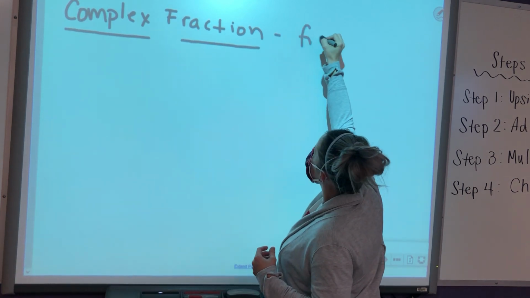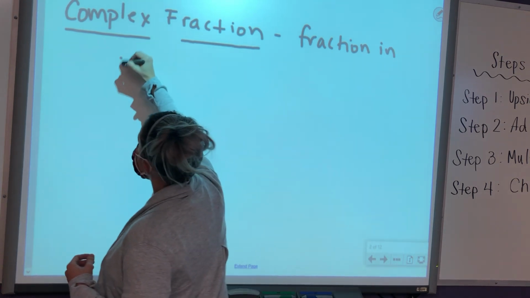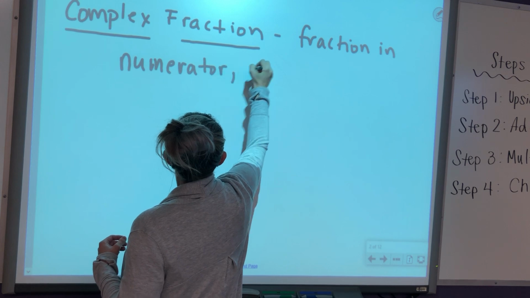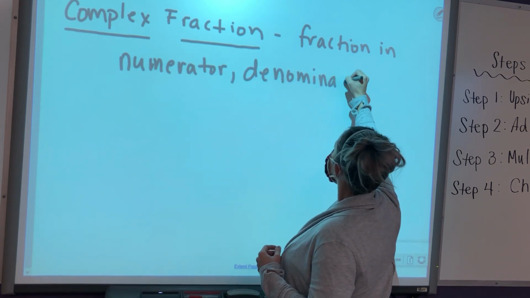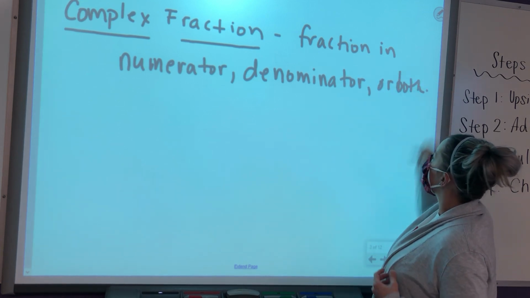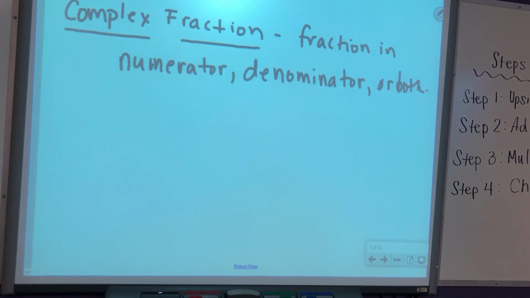Okay, so that's your fraction in the numerator, denominator, or both. Okay, so that's going to be our complex fraction. It looks really difficult, but we know that a complex fraction is just showing the division of two fractions.